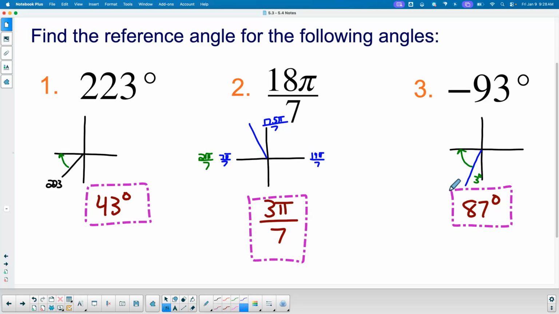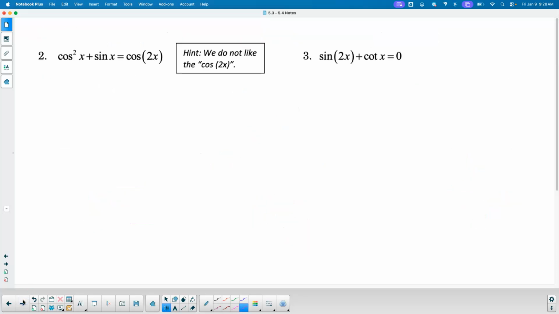All right, let's get into it. Cosine squared plus sine equals cosine of 2x. So clearly I don't like this one.